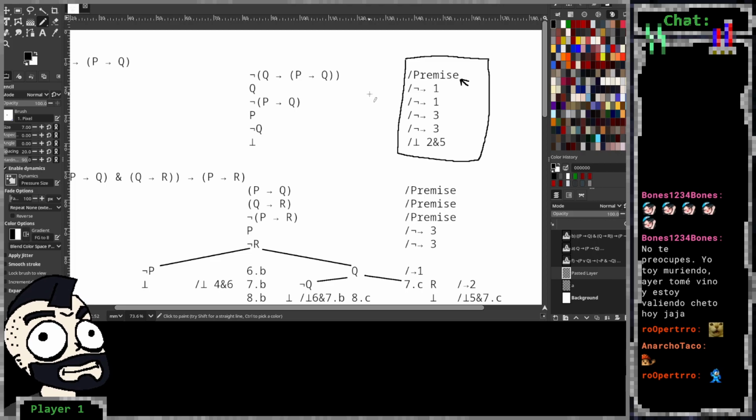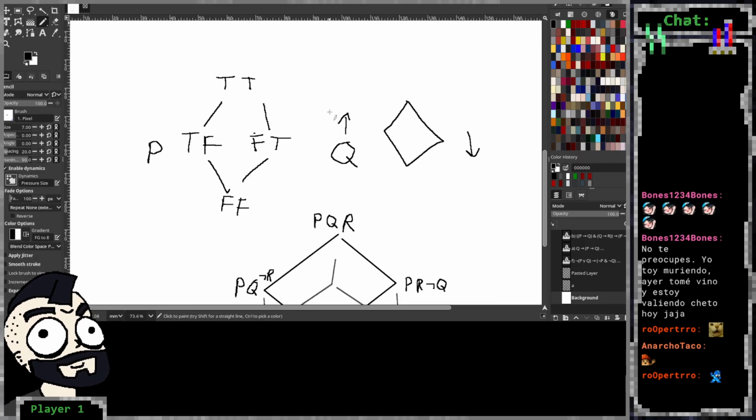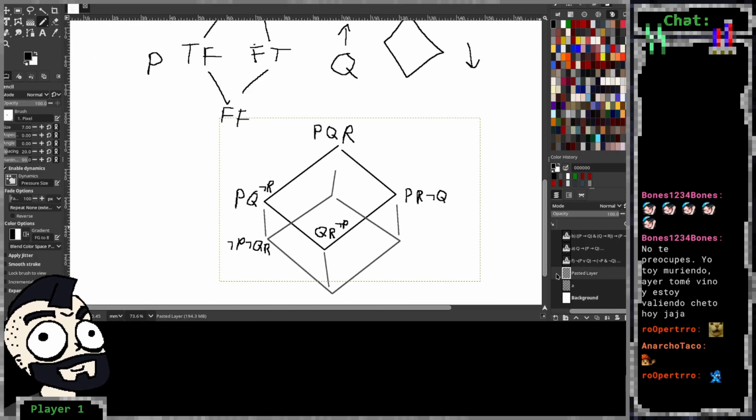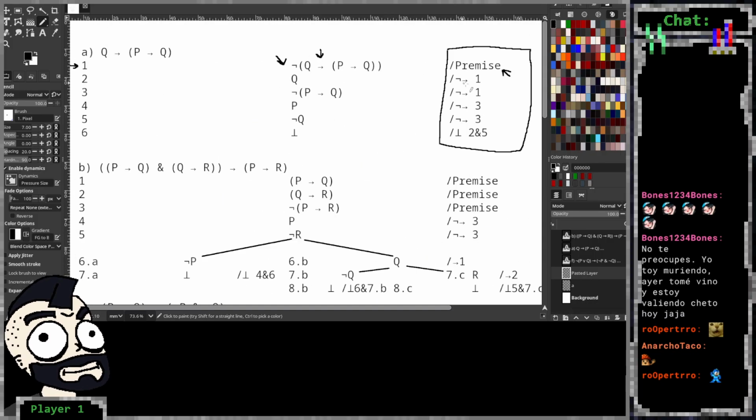everything is just mechanistic. Okay, I only have one formula. It is an implication, but negated. So I check my rules. Oh no, I deleted the rules. Anyways, so it's here anyways. I use the negated conditional rule, and I get the first part and the negation of the second part.